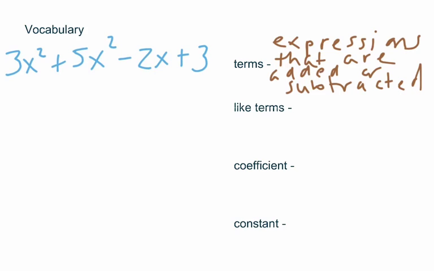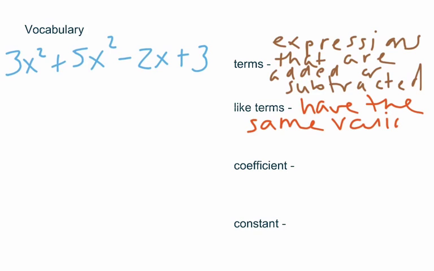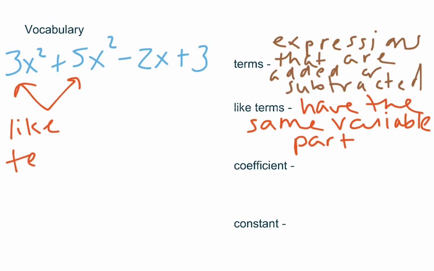Second vocab is like terms. Like terms are terms that have the same variable part. And the variable, of course, is the letter. So when we refer to like terms, we are referring to terms that have the same variable. In this, we have the 3x squared and the 5x squared.